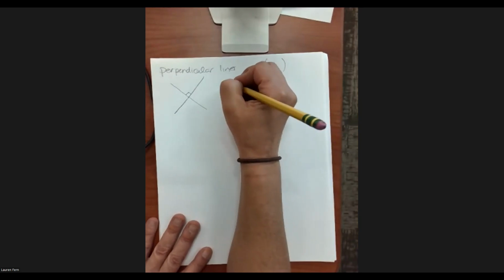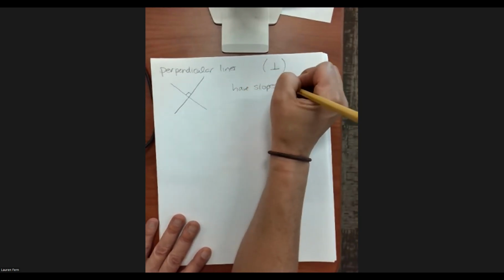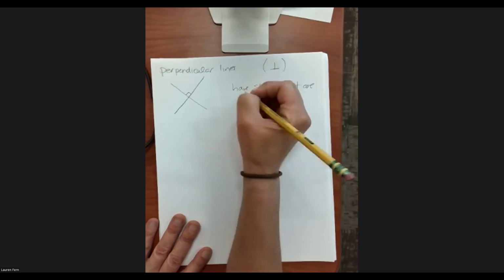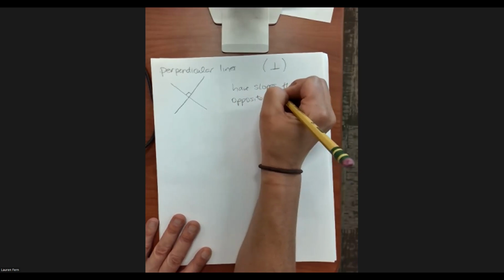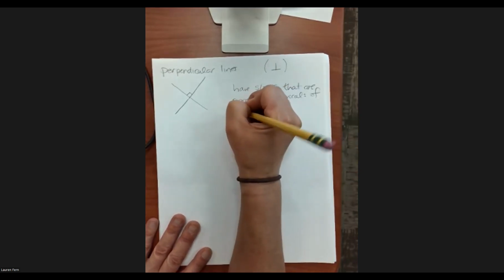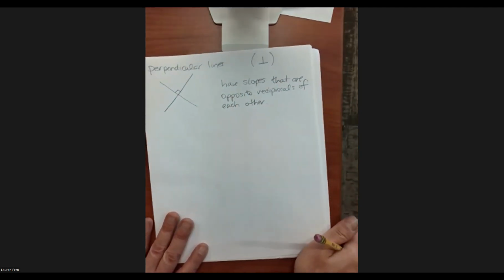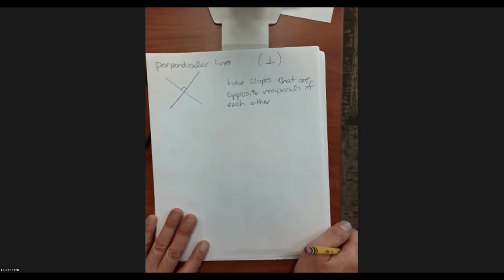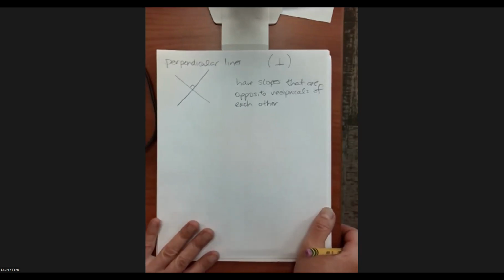But we see that perpendicular lines have slopes that are opposite reciprocals of each other. Now that's a mouthful. So we might as well be pragmatic about the situation, okay?